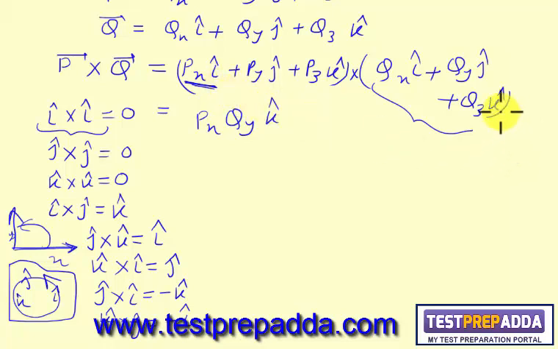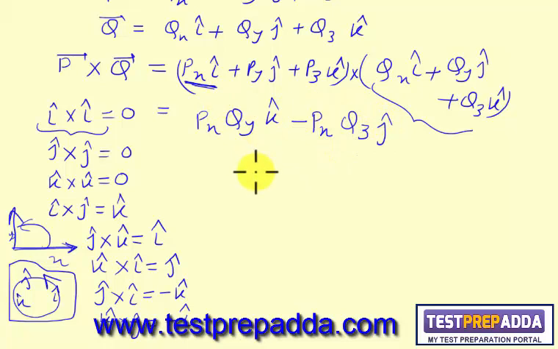Now I cap when multiplied with k cap. I here, k here, opposite, that is I'll get minus j cap. So it will be minus Px Qz j cap.